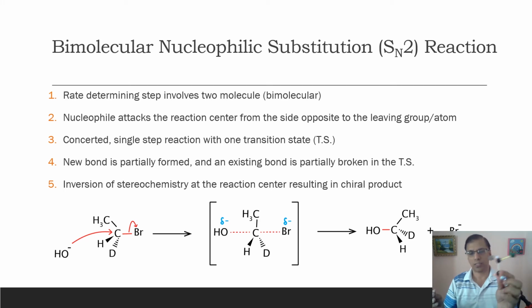So if this is the molecule right here, this is the carbon, and this is the bromine. So the bromine is right on the side, and the OH group is going to attack the carbon center from the side opposite of the carbon-bromine bond. So it will come on this side. Okay, so that's how it's a backside attack.